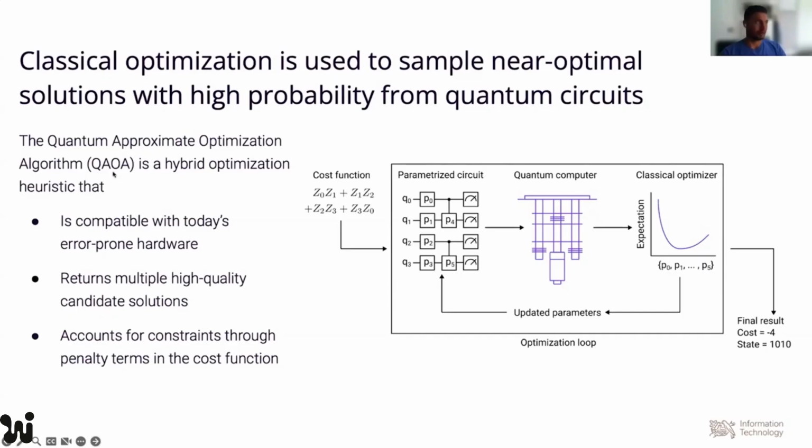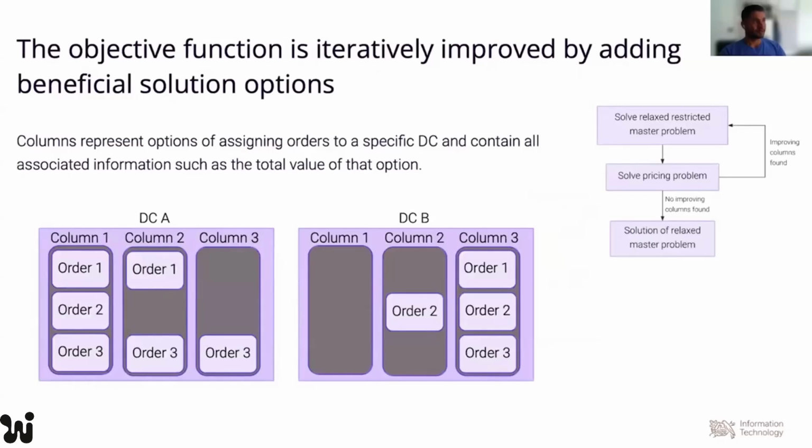And why we chose QAOA is because we can use it with today's NISQ devices, and you can account for all the constraints that you have to observe through penalty terms. So in practice, it results in a number of columns that are generated, which inform the decision from which distribution center we should fill each order.